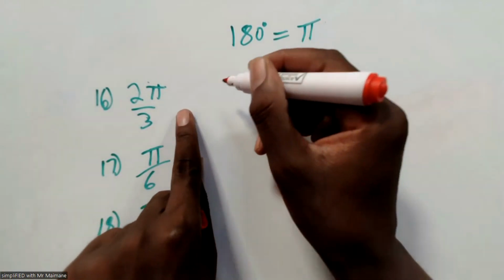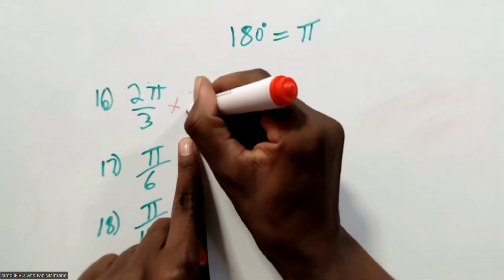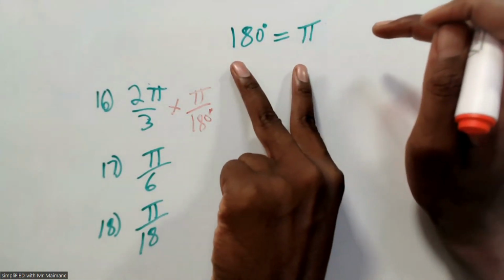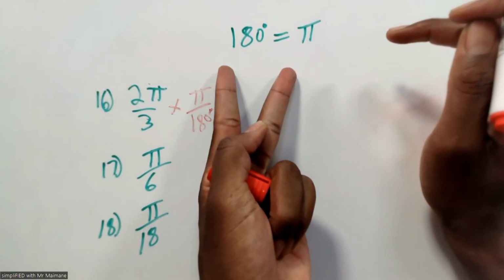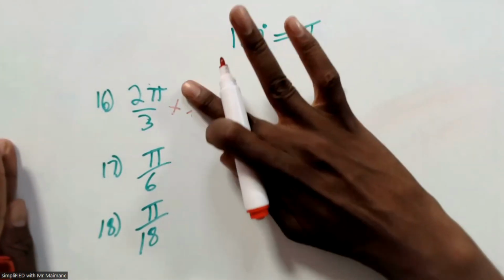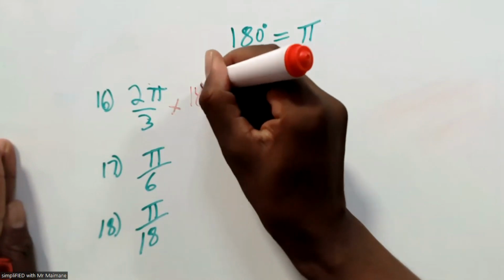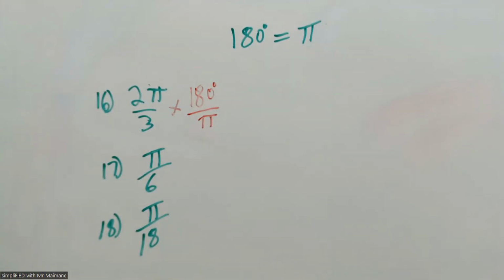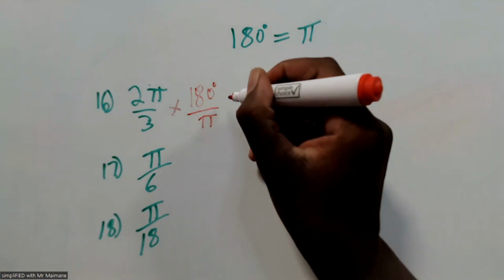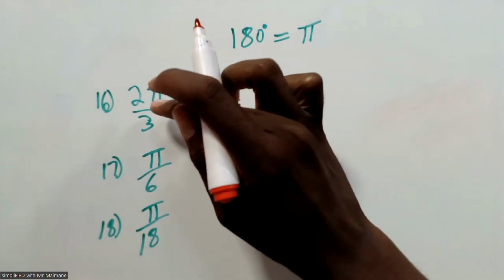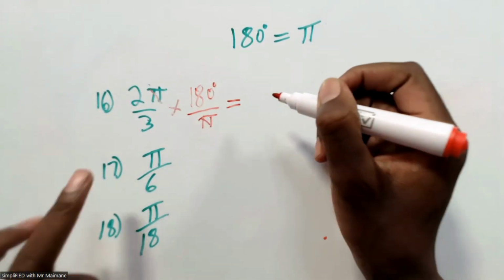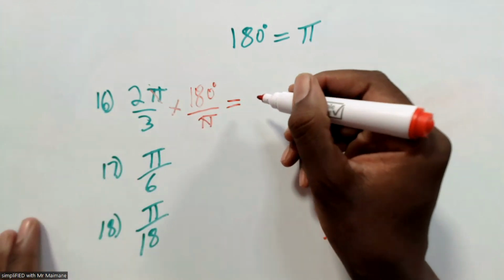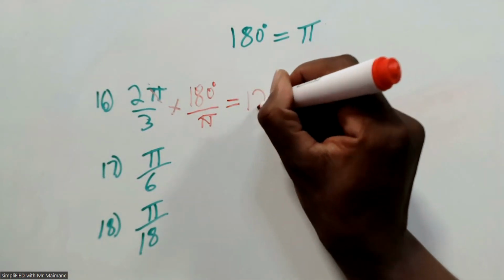So instead of multiplying by pi over 180, we play around with our conversion factor the other way around, because now we are moving from radians to degrees. So this is going to be 180 degrees over pi. As you can see, the pi will cancel the pi, and then it's going to be 2 times 180 divided by 3. This will give us 120 degrees.